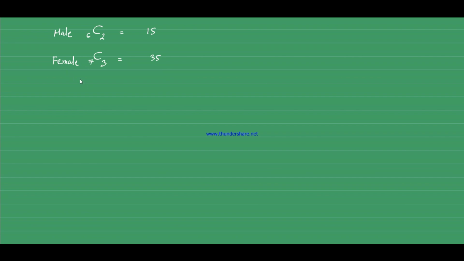Then in order to create a group of 2 male and 3 female, we multiply them. So we multiply 15 by 35.